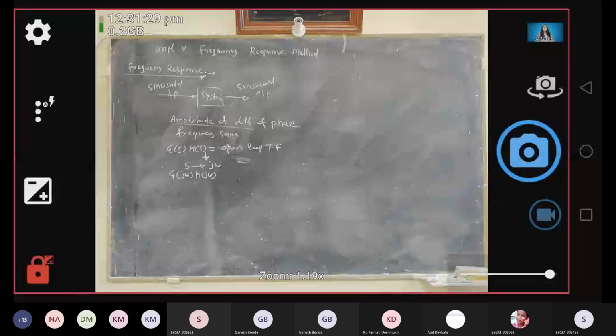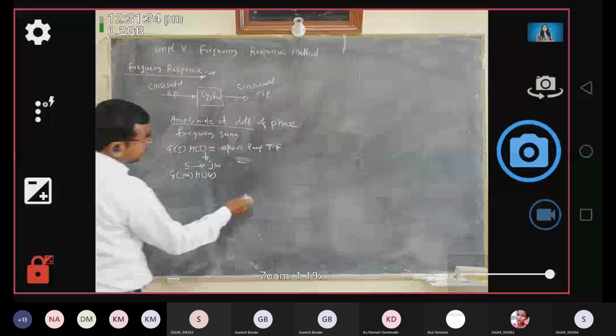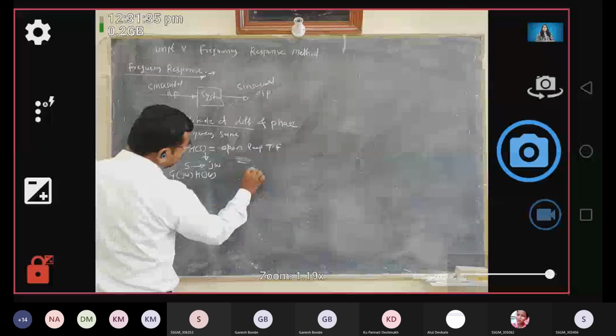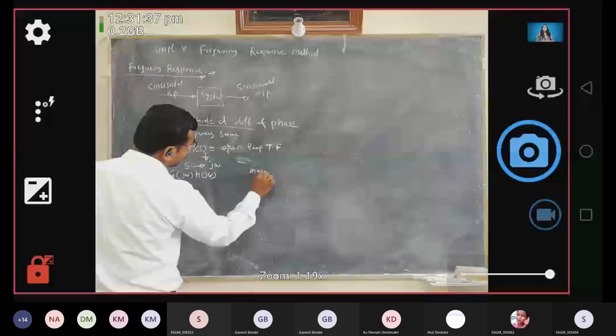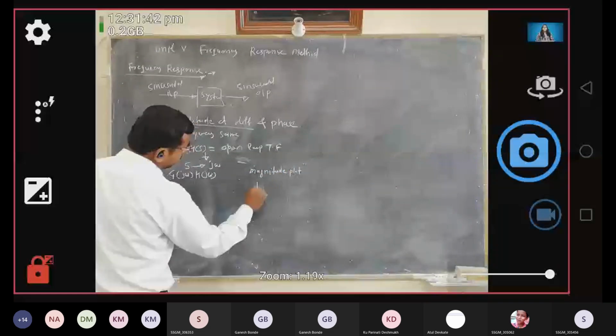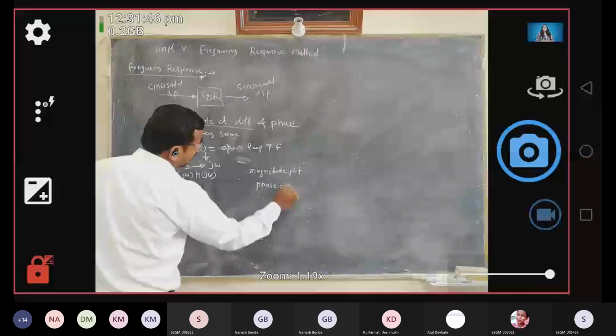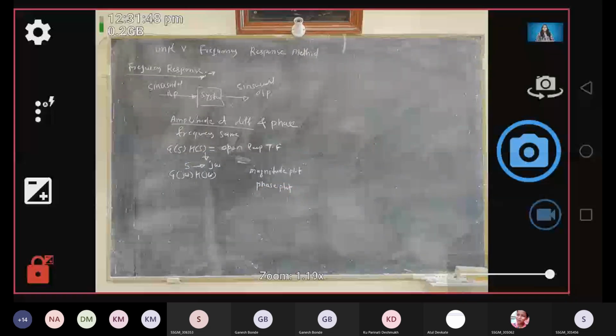The frequency response consists of two terms: one is called the magnitude plot, and the second is the phase plot. How do we get the magnitude plot and the phase plot?